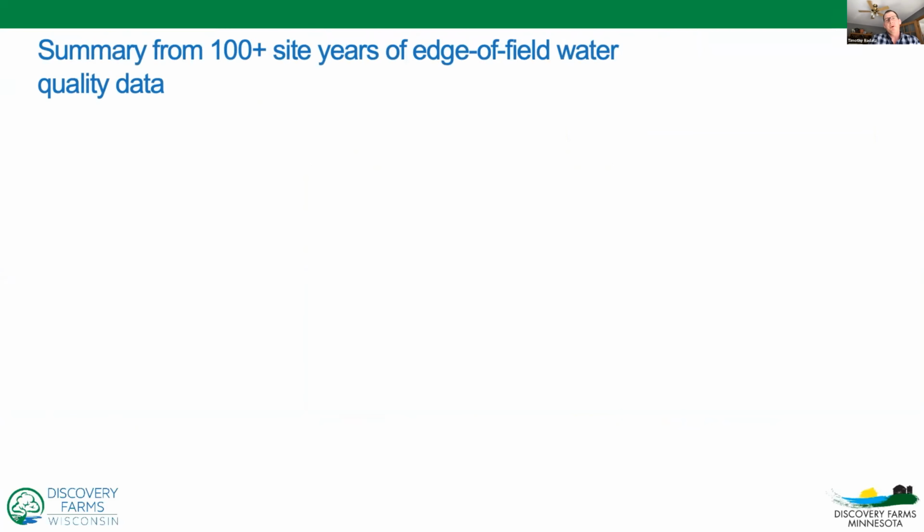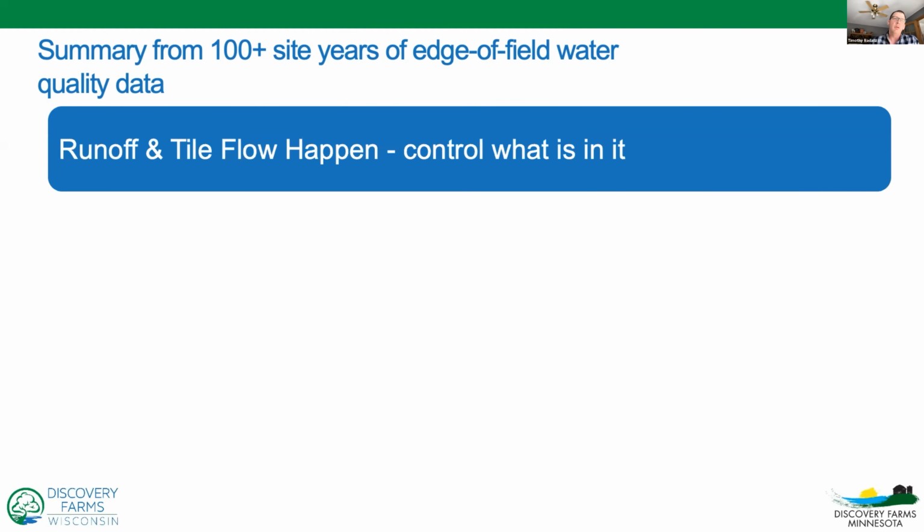So a quick summary of some of the larger messages that we've seen over our data collection. Runoff and tile flow happen. I think we've collected 151 site years of surface runoff data and over 100 of tile flow data. And in every one of those years, except for one, we recorded surface runoff or tile flow.